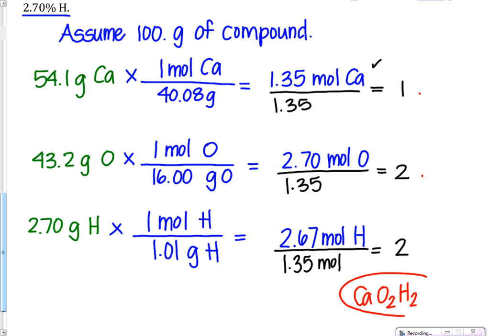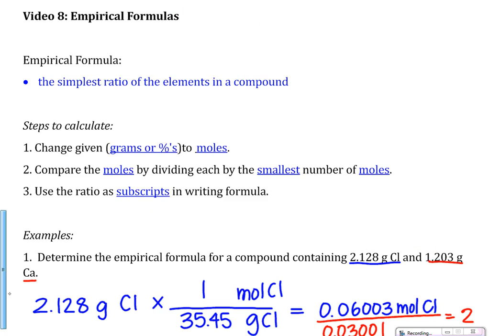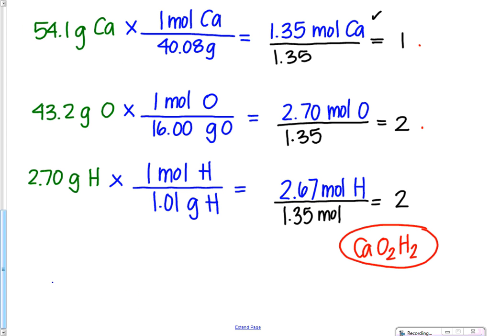Now, there is one trick that you will have to be aware of. Once in a while, when you do your division of your moles, you won't get exactly a whole number. You might get a half, like 1.5 or 2.5. And in that case, let's say I got 3 and I divided by 2, that's going to give me 1.5. I am not going to be able to just round that up to 2.